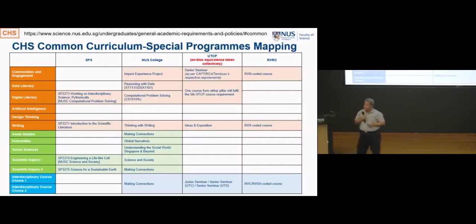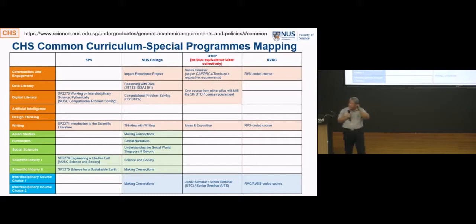Then you'll be asking, if I stay in those and take those courses in the colleges or RVRC, how would I then count them towards my common curriculum? Well, we have already made sure every one of these things that you're taking there somehow will be mapped and counted to one of the common curriculum. What it means is you don't have to double take again, right?